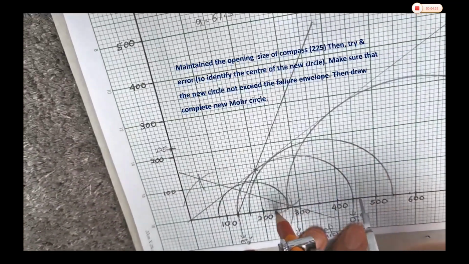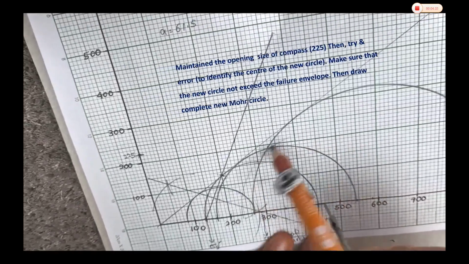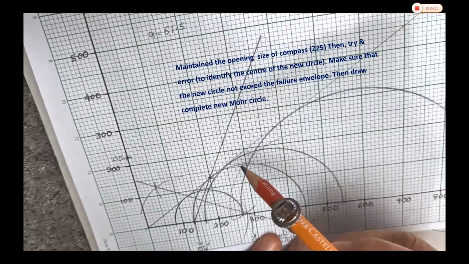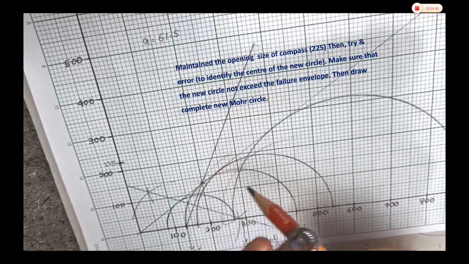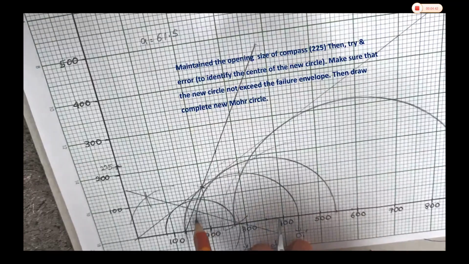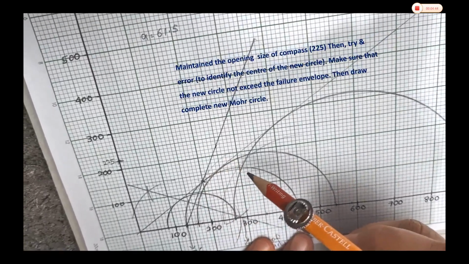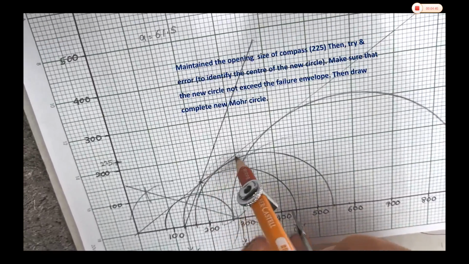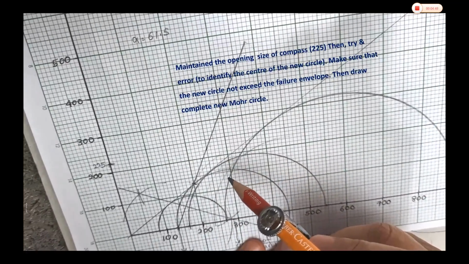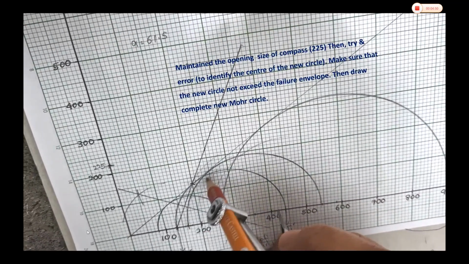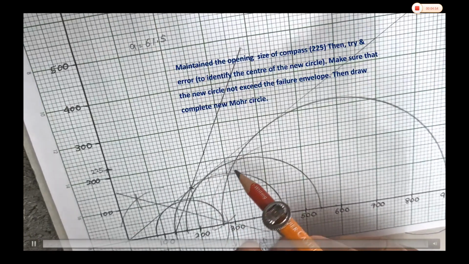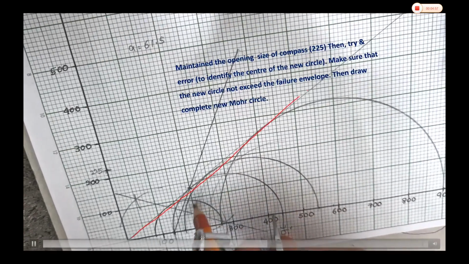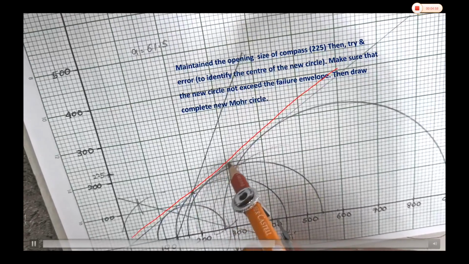Then you need to maintain that opening size of 225 and bring it to the x-axis, and through trial and error draw another new Mohr circle without exceeding the failure envelope. When I mention the failure envelope, it means you cannot exceed this line.